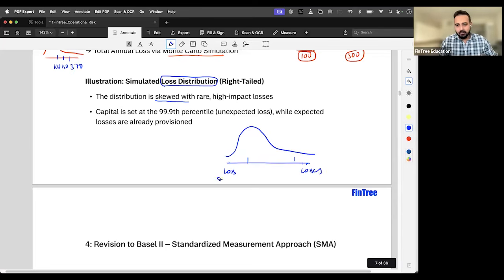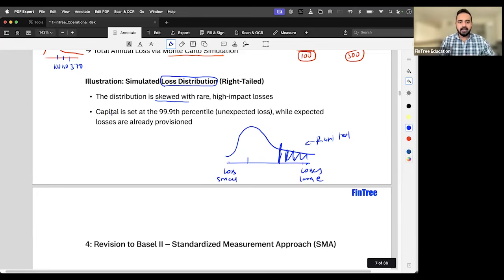On the left-hand side, you will have small losses. Obviously, on the right-hand side, you will have large losses. So therefore, what we are worried about primarily is the right tail here, right? This is where you should be a little worried in terms of the extreme value losses that you might have.